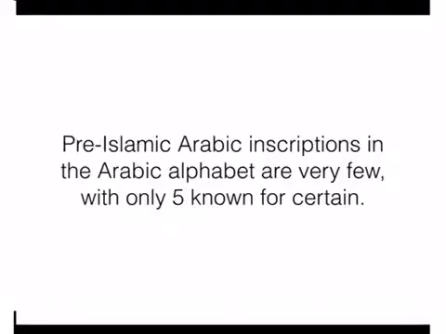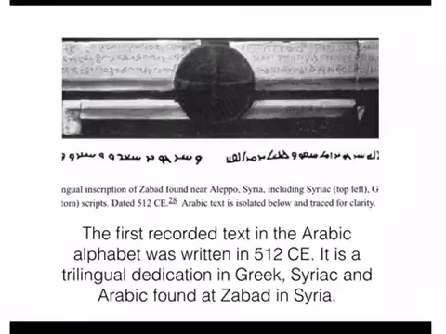Pre-Islamic inscriptions in the Arabic alphabet are very few, with only about 5 known for certain. The first recorded text in the Arabic alphabet was written in 512 of the Common Era. It is a trilingual dedication in Greek, Syriac, and Arabic, and was found at Zabad in Syria.